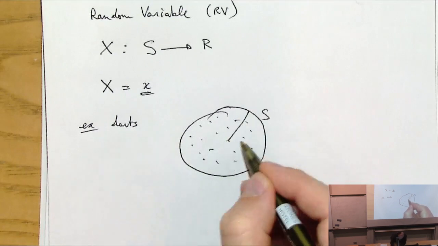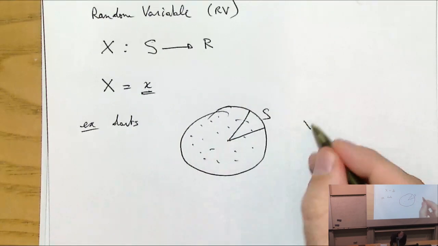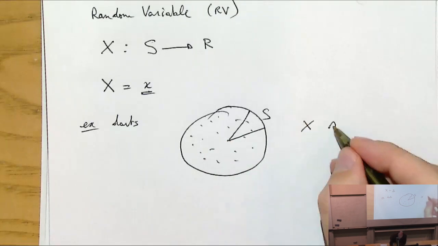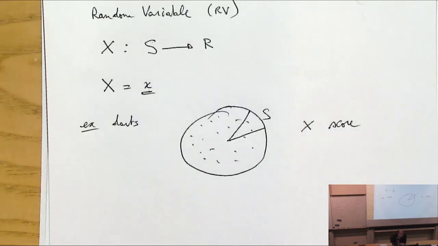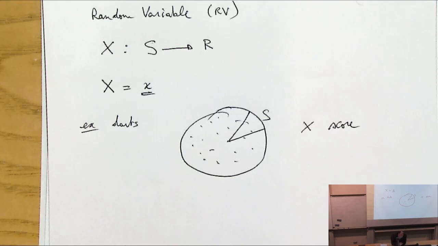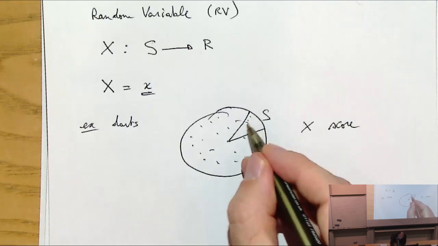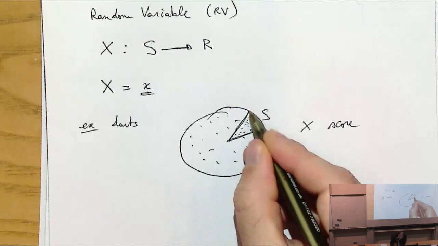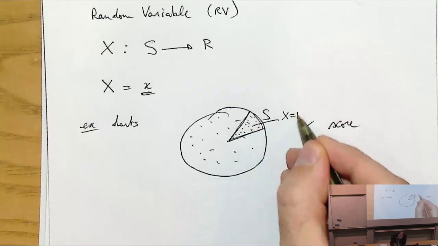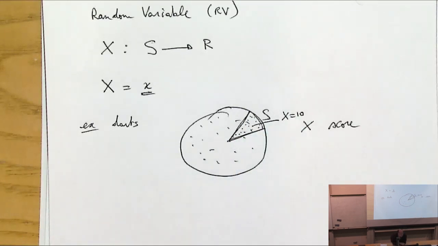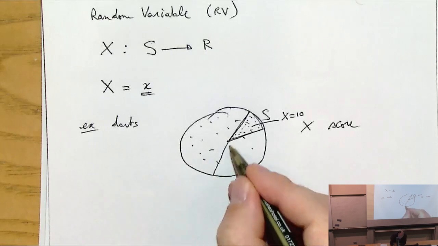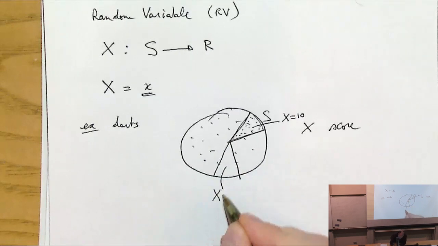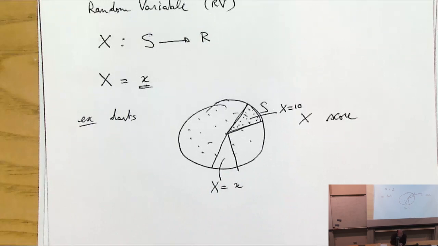But you can define a certain random variable X, for instance, as your score. So the score could be a random variable, right? For instance, if the impact occurs within this quadrant here, X would take value 10. If it occurs here, X would take value, I don't know, small x, for instance, right?